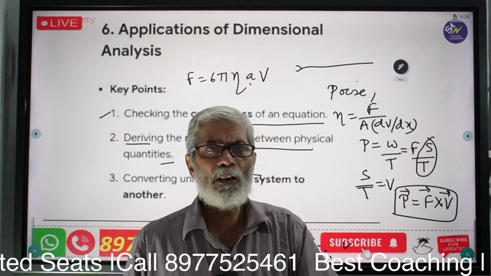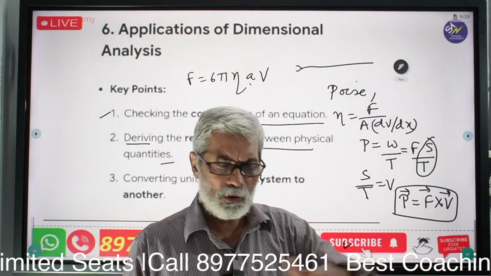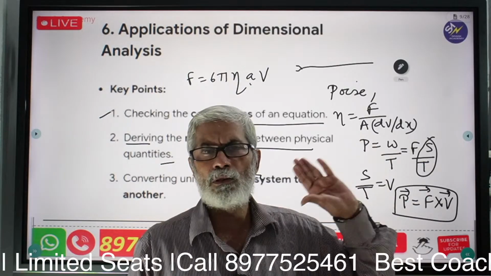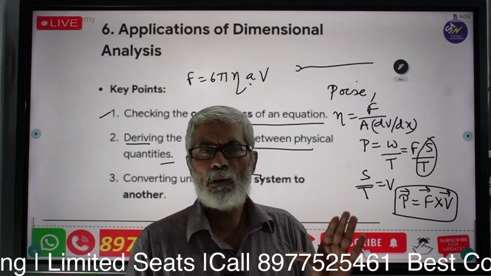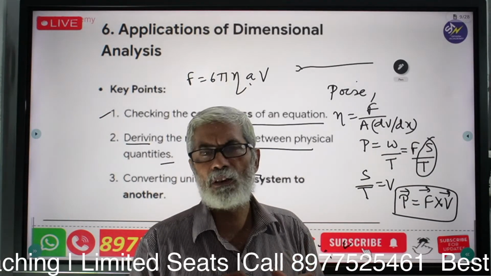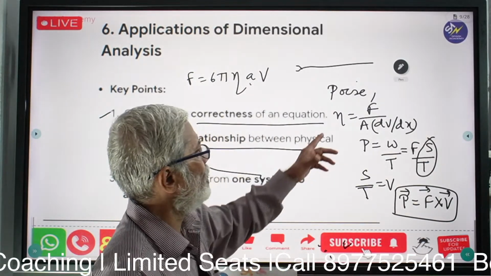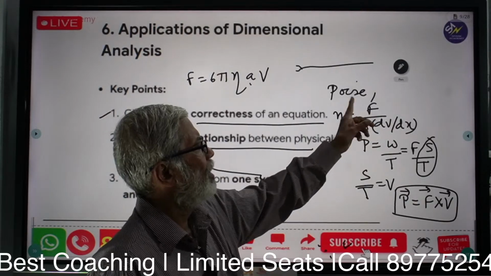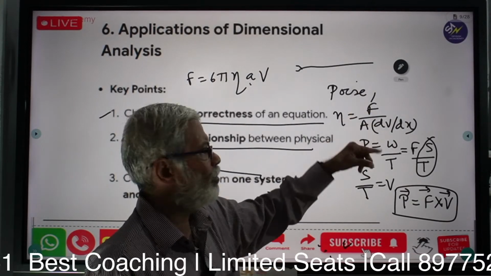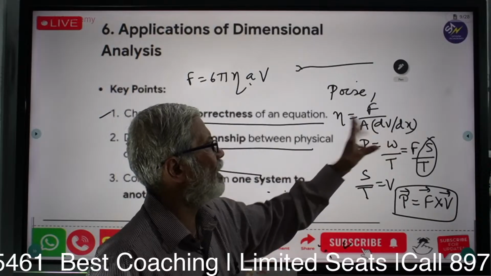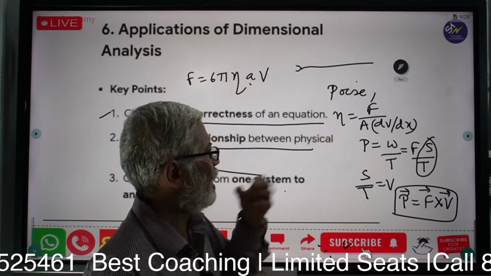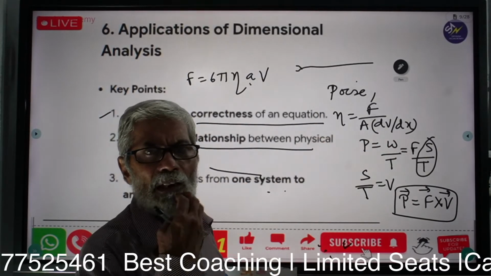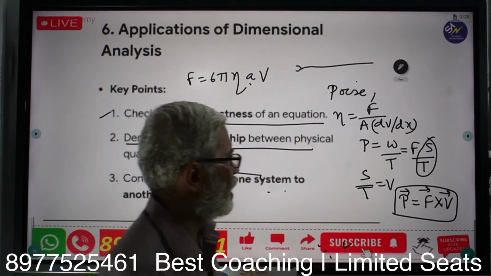If you throw a bucket of water, how does it go? If you throw a bucket of honey, how does it go? That is viscosity, the coefficient of viscosity. The formula is force of viscous drag divided by area of cross section into velocity gradient. So like that, you can get different derived dimensions.